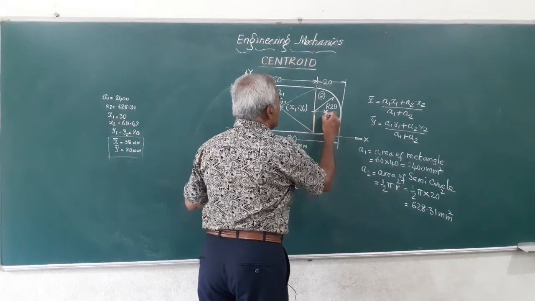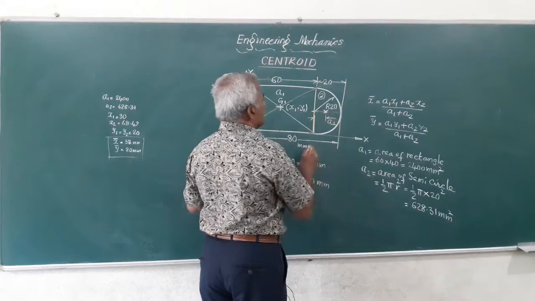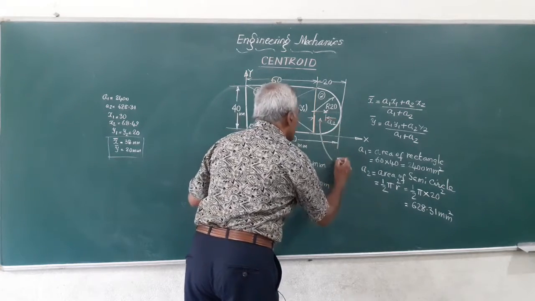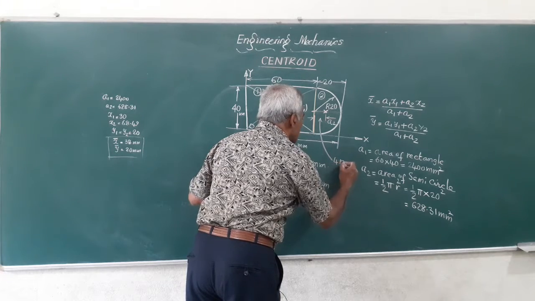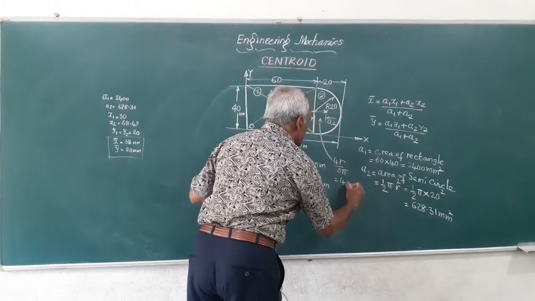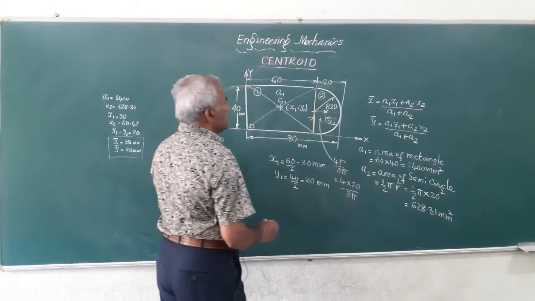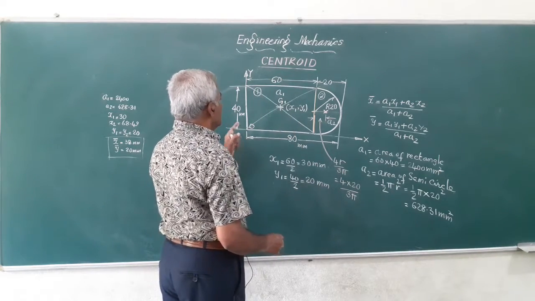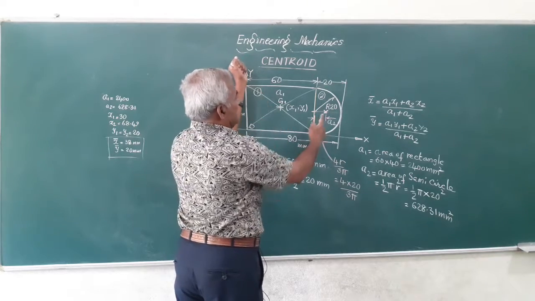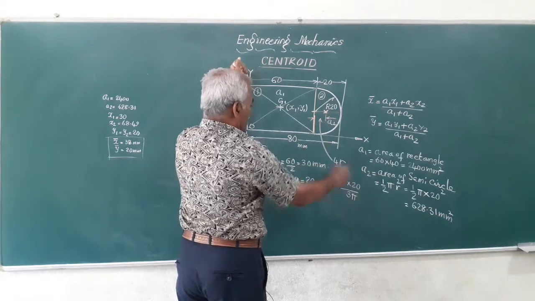This distance is the x bar for that, which is equal to 4r by 3 pi, that is 4 times 20 by 3 pi. So for our calculation, the value of x2 will be from the y-axis till this point. That is to say, this is 60 plus 4r by 3 pi.